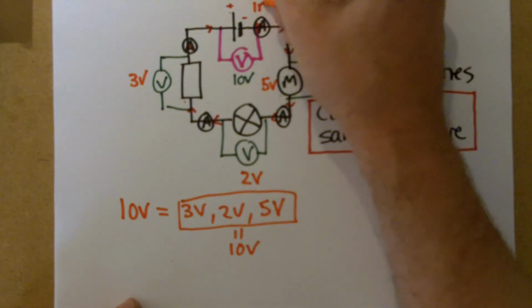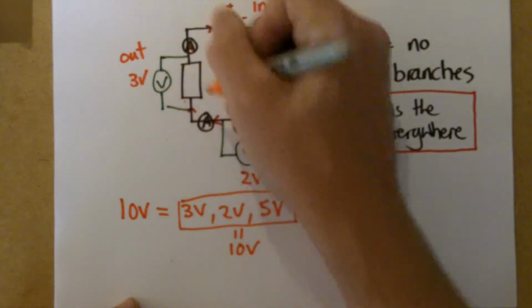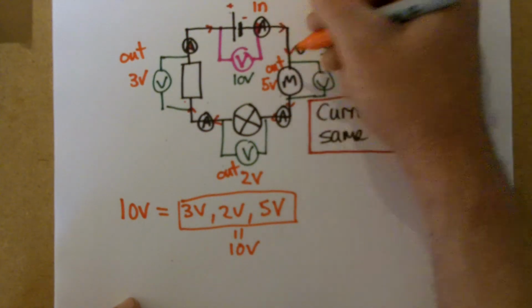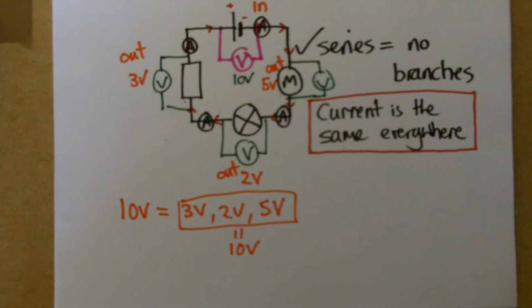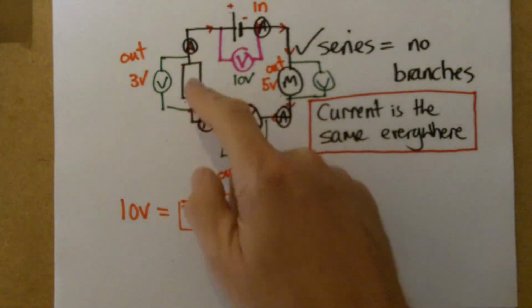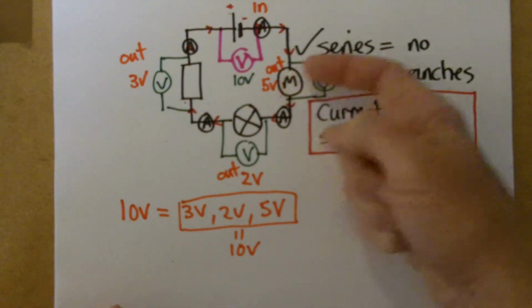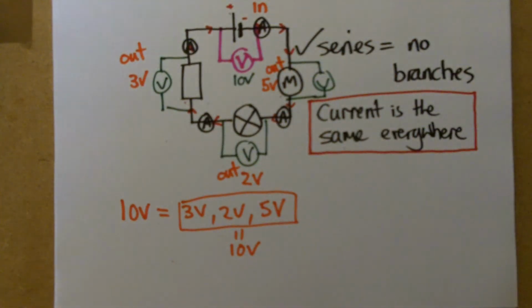Remember, energy in equals total energy out, and as we defined last lesson, voltage or potential difference is the difference in potential energy, or the energy lost. So some energy lost here, some energy lost here, some energy lost here.